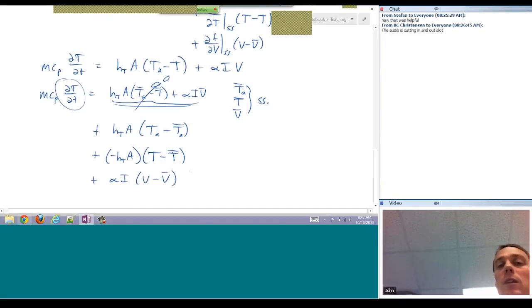Then I just define these as deviation variables. I put the little prime there, and those are my deviation variables.